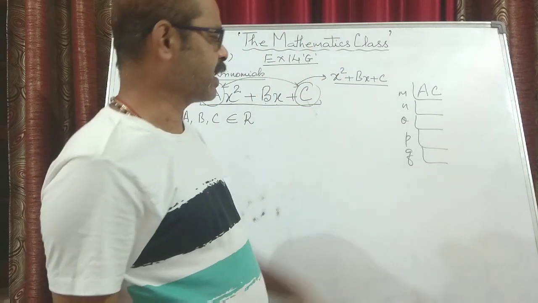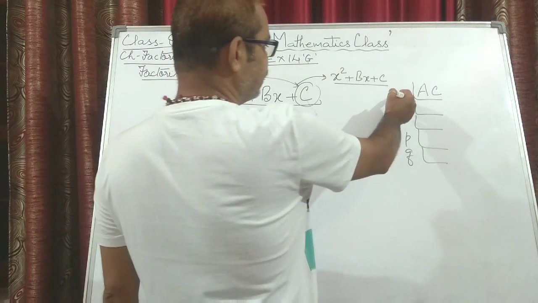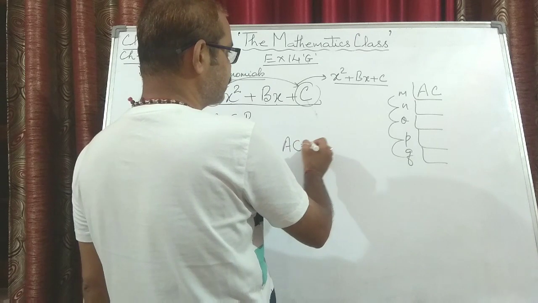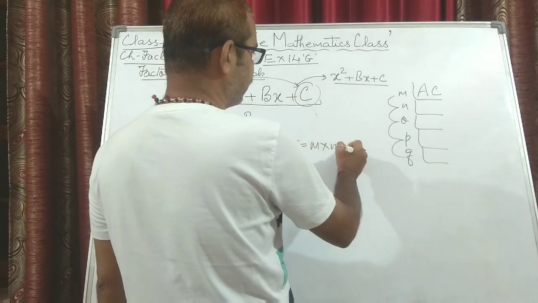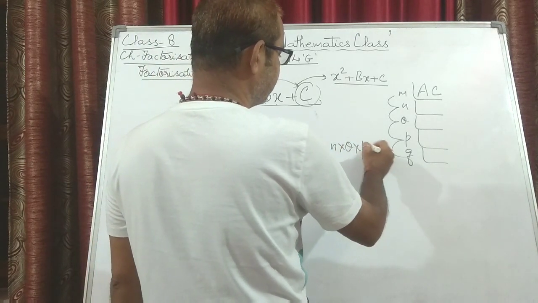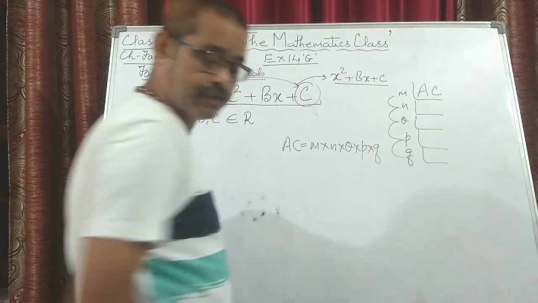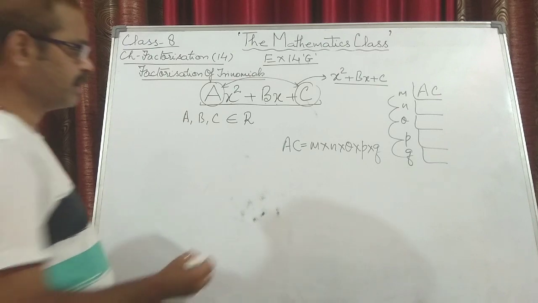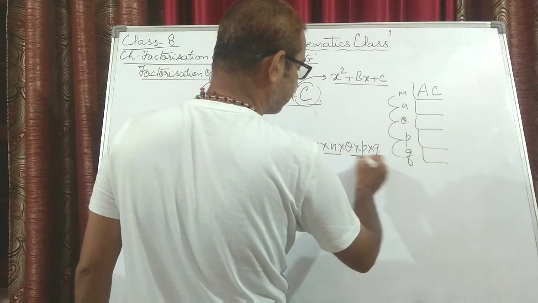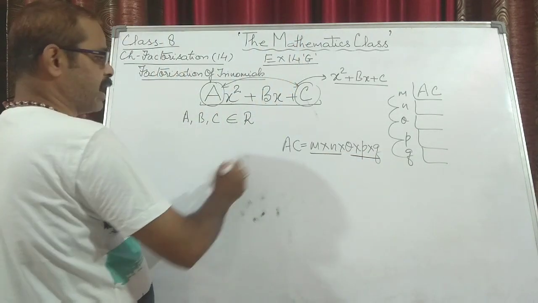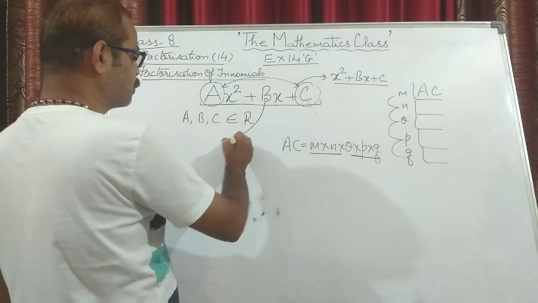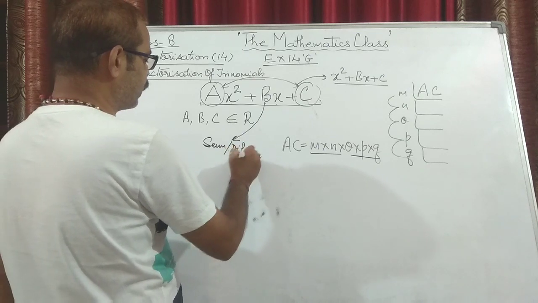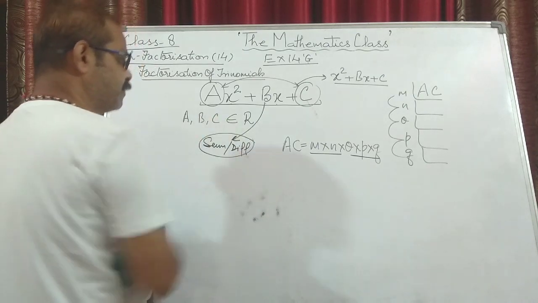Suppose ac is equal to m into n into o into p into q. So these factors are arranged in such a manner that either the sum or the difference of these factors is equal to b.